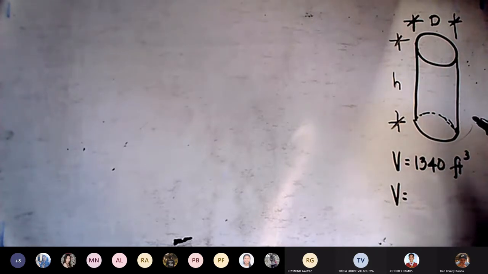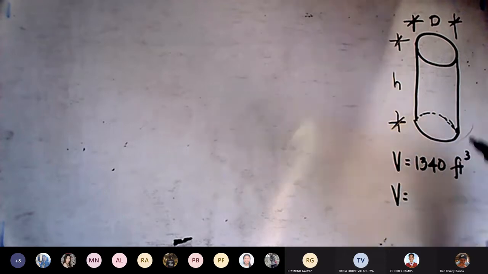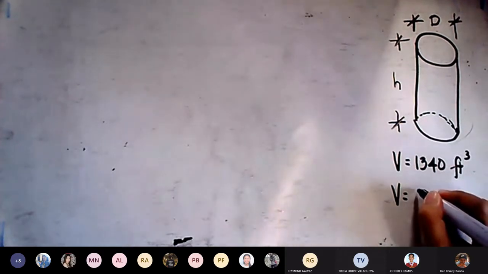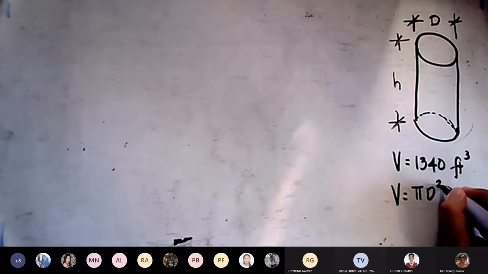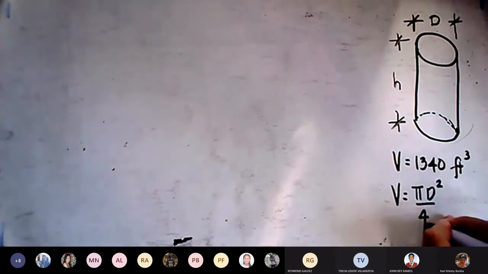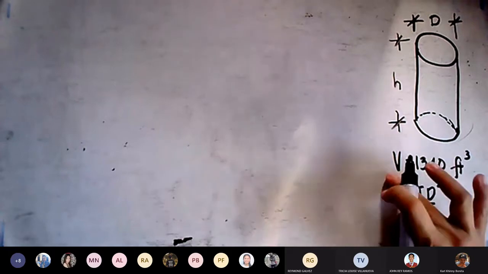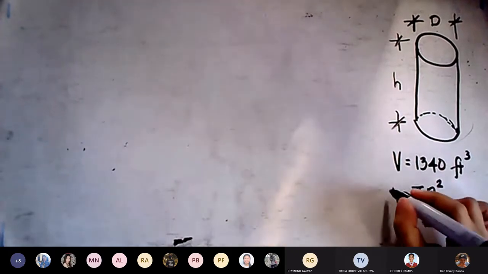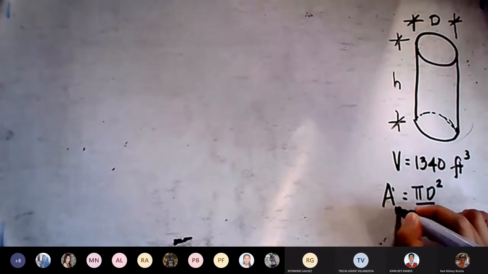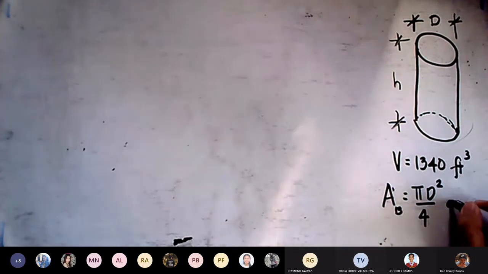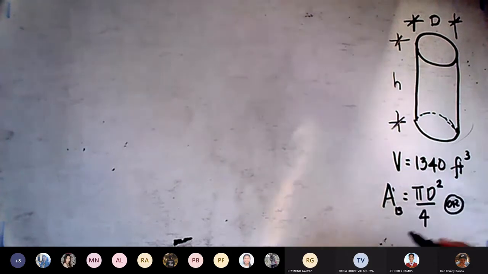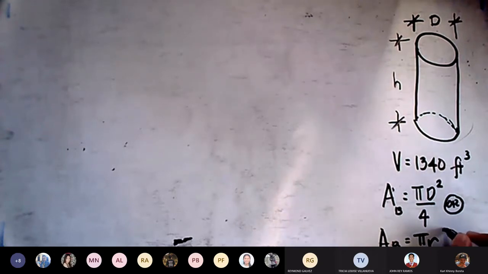So the area of the circle, we can use two formulas for a circle. You can use pi d squared over 4. Let me just show you the area for the base. Pi d squared over 4 if we are using the value for the diameter, or we can use another formula which is equal to pi r squared.